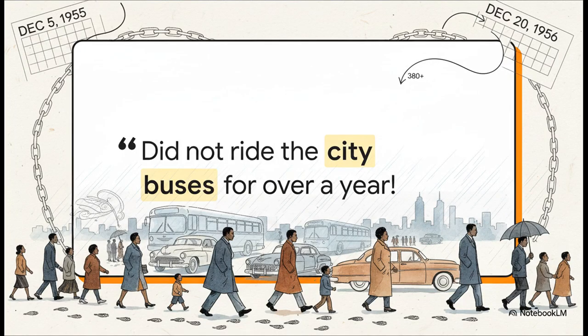And this brilliantly illustrates the sheer, unbelievable endurance of the African American community in Montgomery. They didn't ride the city buses for over a year. Let that sink in. The boycott lasted from December 5, 1955, all the way to December 20, 1956. Through rain, freezing cold, intense social pressure, they organized carpools, they walked miles to work every single day, and they held the line for over 380 days.